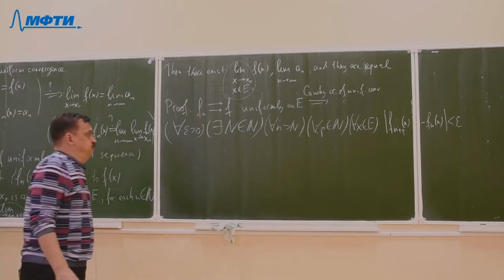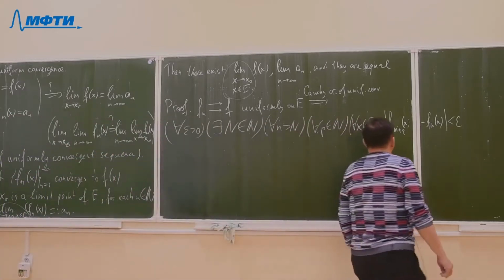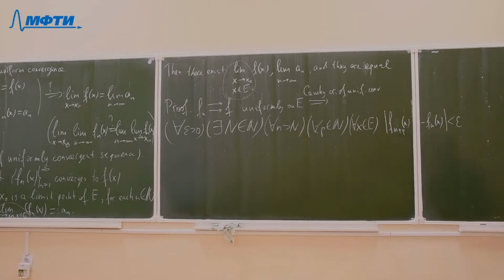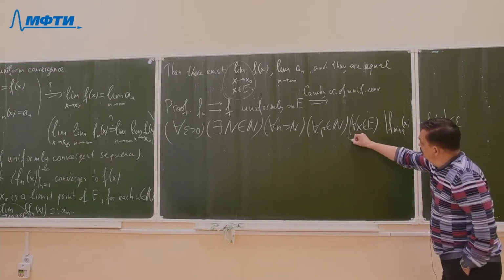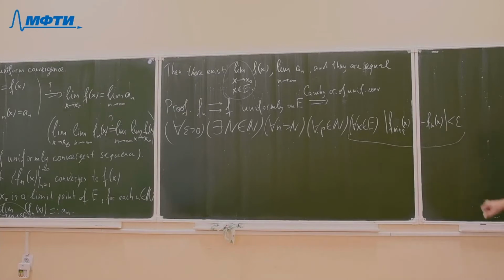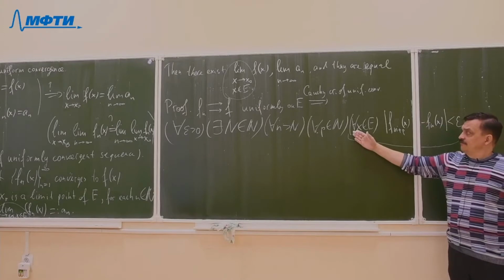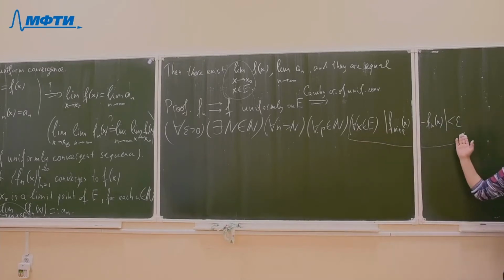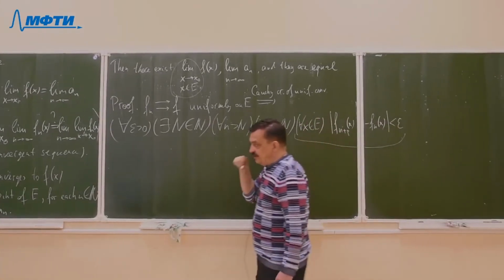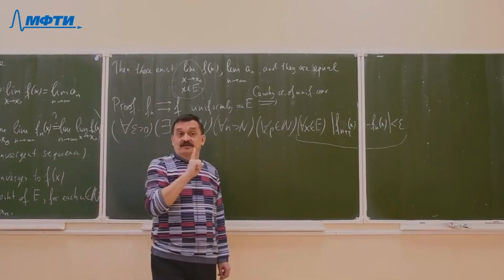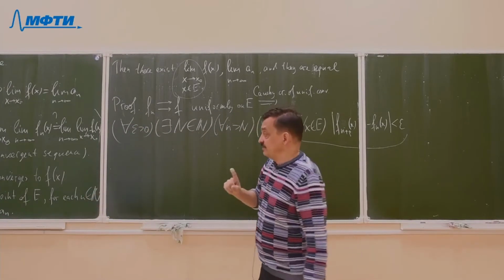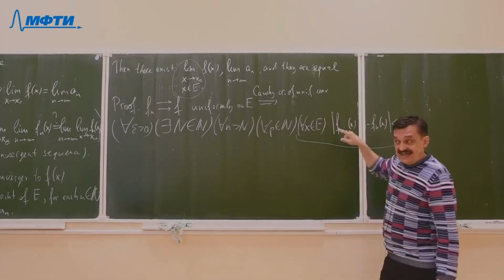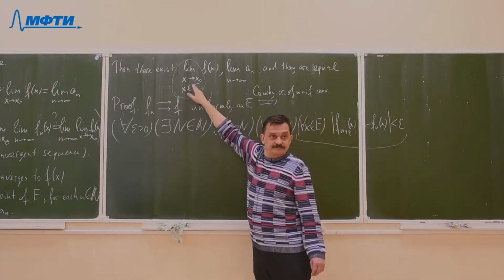Now look at the last part of this line. For arbitrary x, we have such a uniform estimate. And we know that for each n natural there exists the limit of f_n(x) as x tends to x naught.